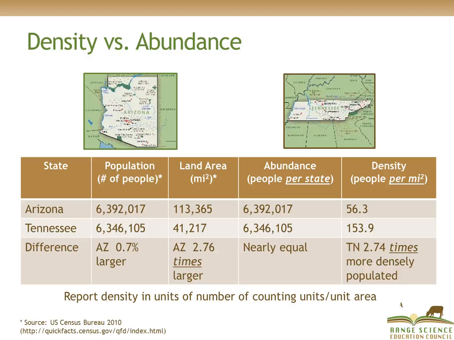The density of Arizona is 56.3 individuals or people per square mile, and the density of Tennessee is 153.9 people per square mile. So Tennessee's density, the density of their population, is 2.7 times greater than that of Arizona.